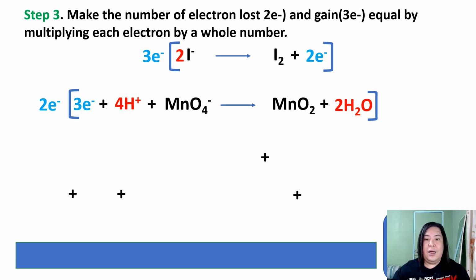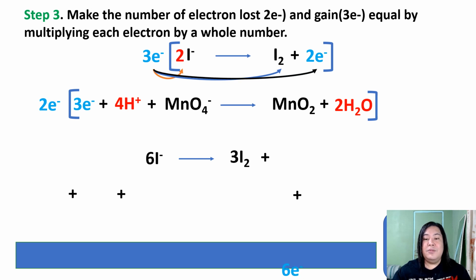Okay, and then pag multiply nyo lahat, including the coefficient of each half reaction. So in our first half reaction, 3 times 2, that is 6 iodide ion yields 3 times 1, that is 3 molecular iodine, plus 3 times 2 electrons, so your electrons will become 6.